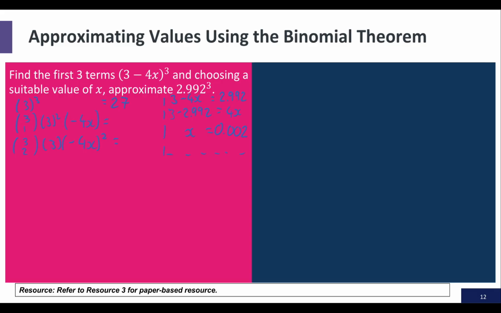So the next term then is going to be 3 choose 1, which is 3, multiplied by 3 squared, multiplied by minus 4, minus 108x. And then the final term here, 3 choose 2, which is 3 again, multiplied by 3, multiplied by minus 4 squared, which is 144.